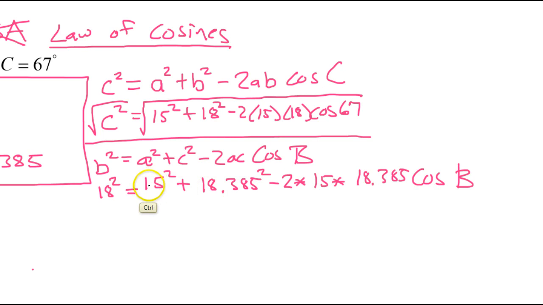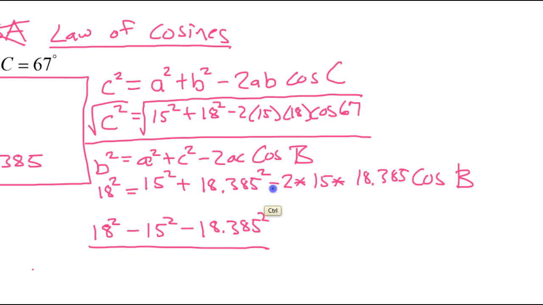So I'm going to start by subtracting 15 squared and 18.385 squared from both sides. So that's going to give me 18 squared minus 15 squared minus 18.385 squared. Next, I need to divide both sides by negative 2 times 15 times 18.385.